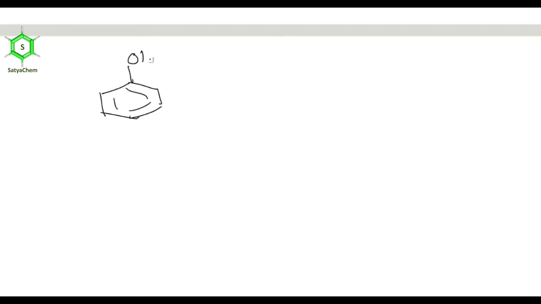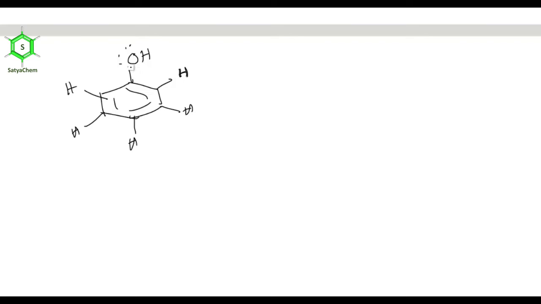This is phenol. Okay, I am drawing all the hydrogens here. Usually I don't draw all the hydrogens in phenol. So just try to draw the keto form of phenol.